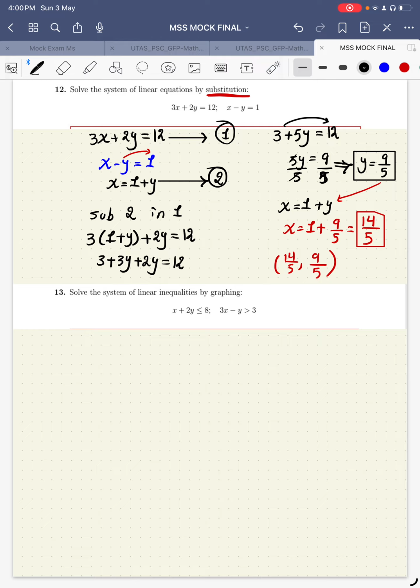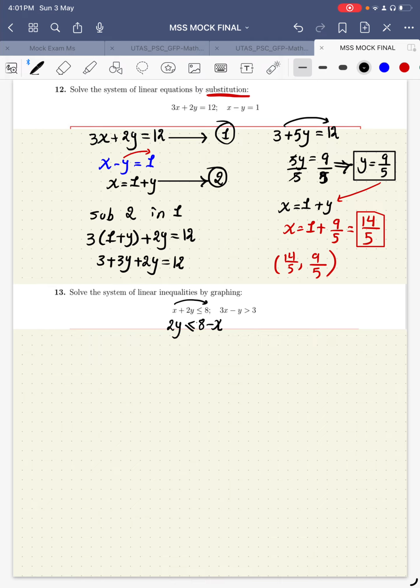I'm going to have 2y, and I take x to the other side, so 2y is less than or equal to 8 minus x. That's from my first inequality.